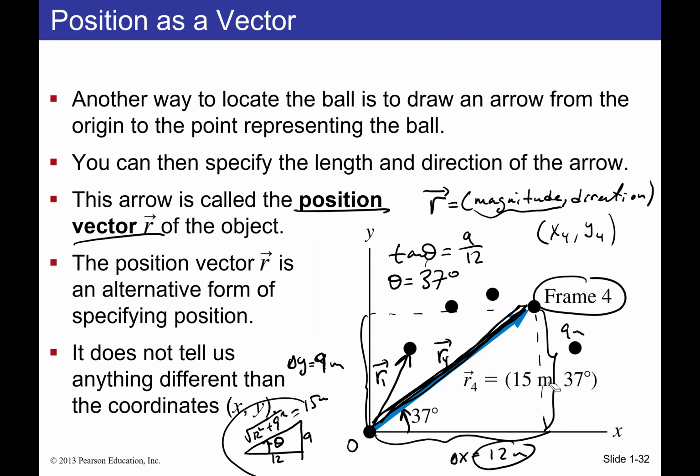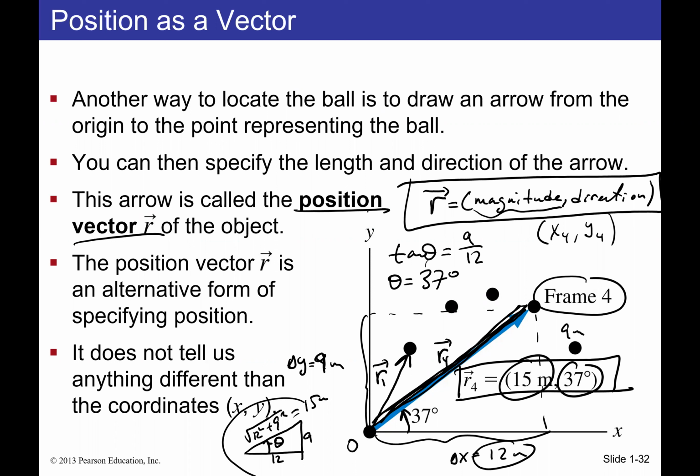Because if I'm considering a position vector, it has to have two things: magnitude and direction, because any vector comes with those two components. It has to have a size and a direction. That means this is pretty much using polar coordinates. So every time we're dealing with vectors, we will be using basically a combination of Cartesian and polar coordinates.